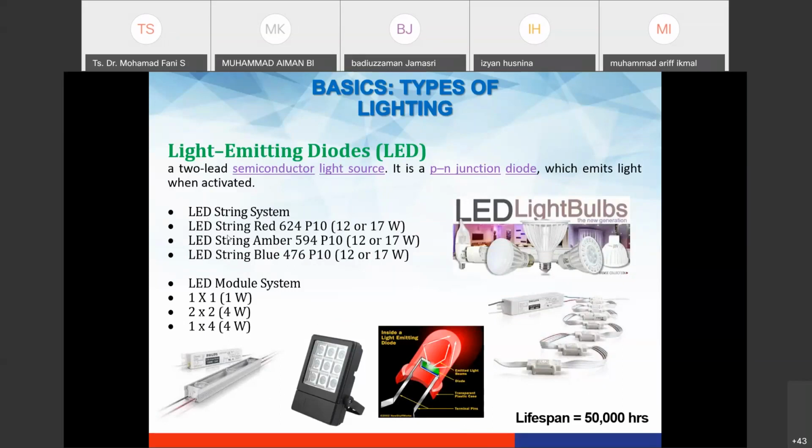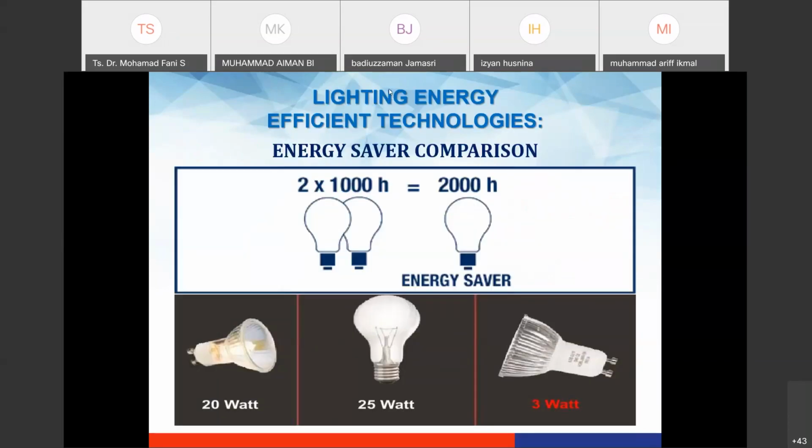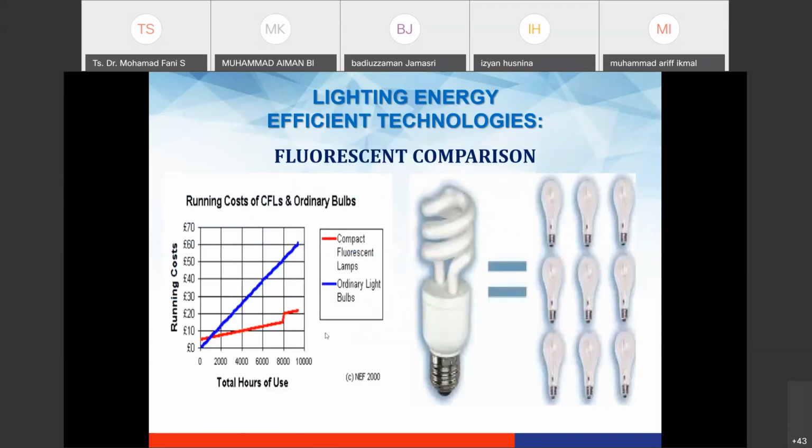LED. There are so many types of LED right now for lighting, and we can find many more in the market today. When we compare to the conventional lamp, the LED one or the compact one is better.